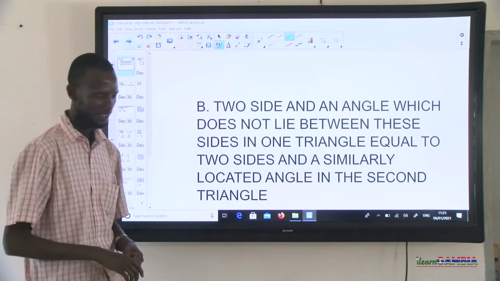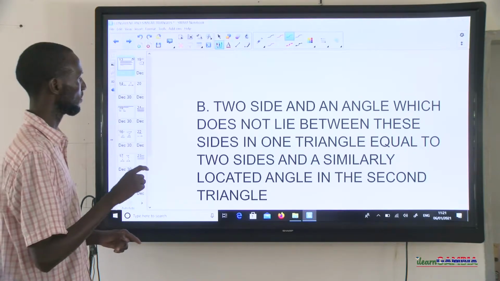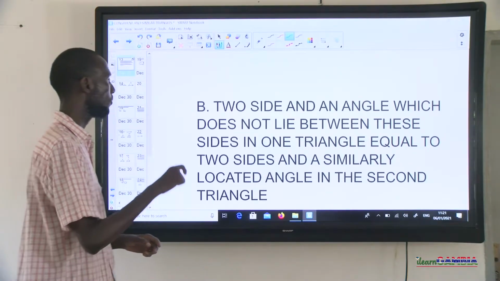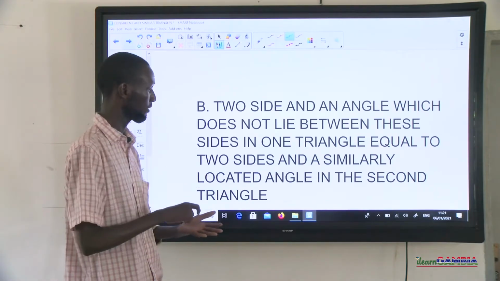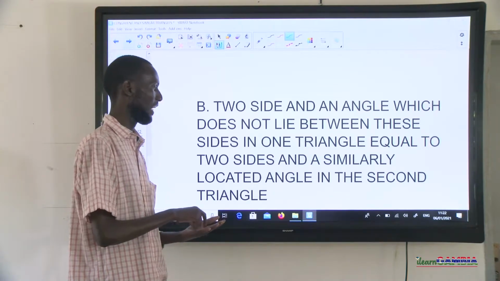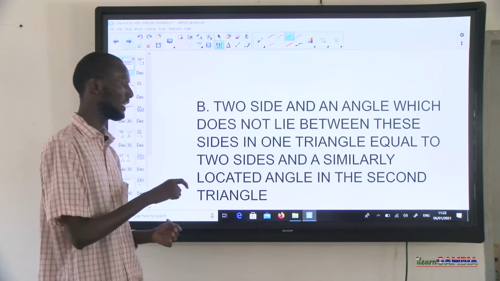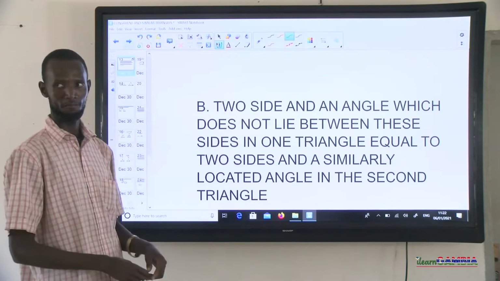Then the second condition that does not prove congruency is two sides and an angle which does not lie between those two sides in one triangle, equal to two sides and a similarly located angle in the second triangle. Now this also does not prove congruency, alright?